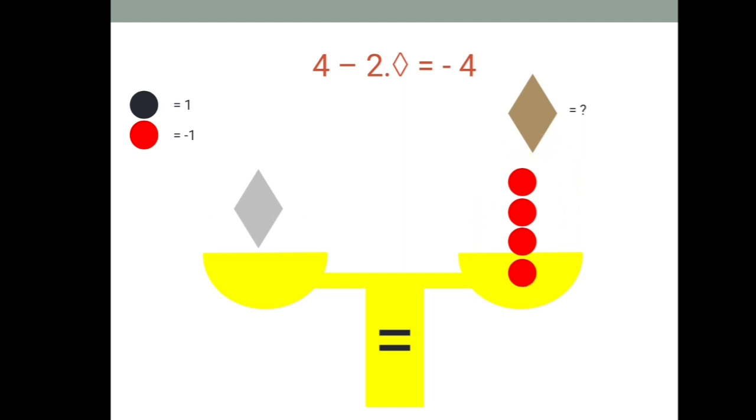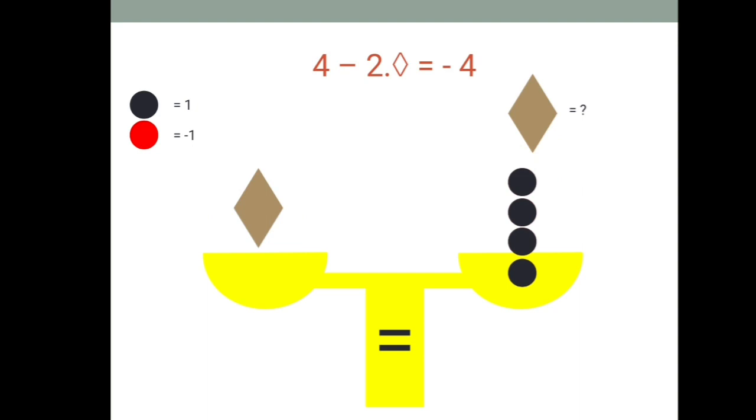So we got the brown rhombus, or the real rhombus that we are looking for, is equal to 4 black balls, or the rhombus is equal to 4.